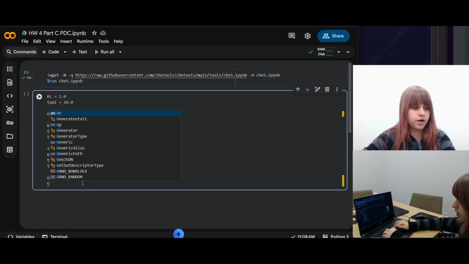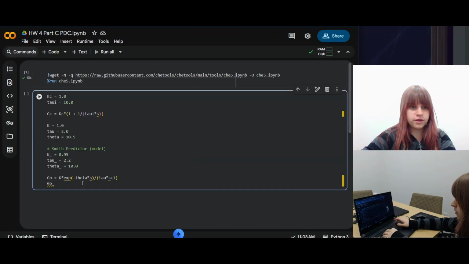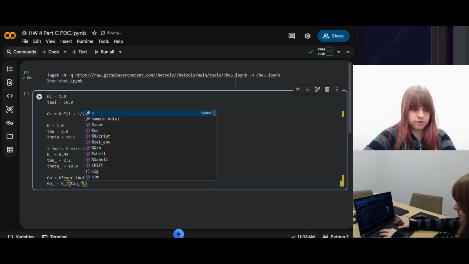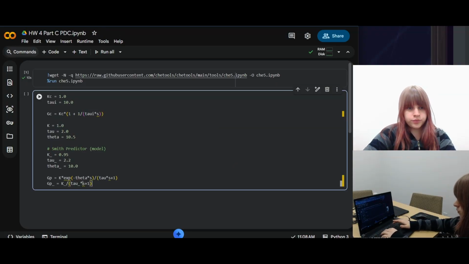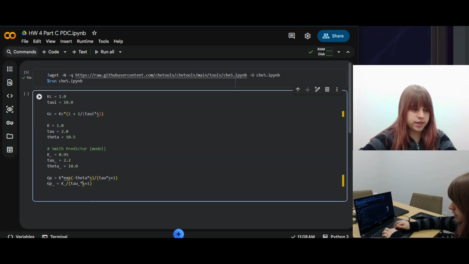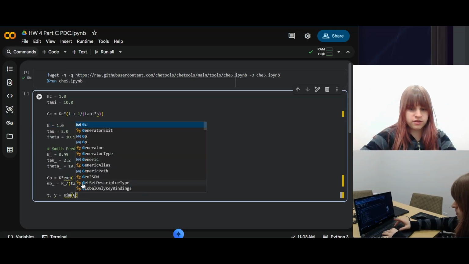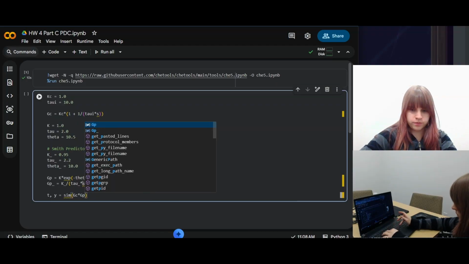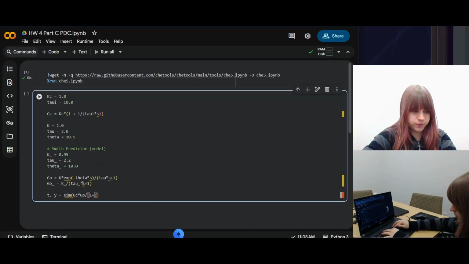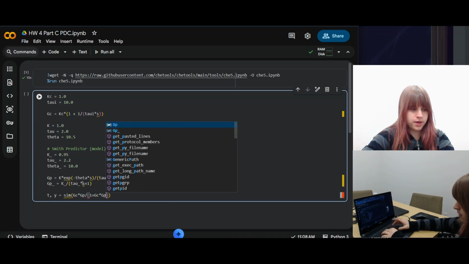And our model with the Smith predictor is going to be our K underscore divided by tau underscore times s plus 1. And now we want to go ahead and simulate. We have GC times GP divided by 1 plus GC times GP.